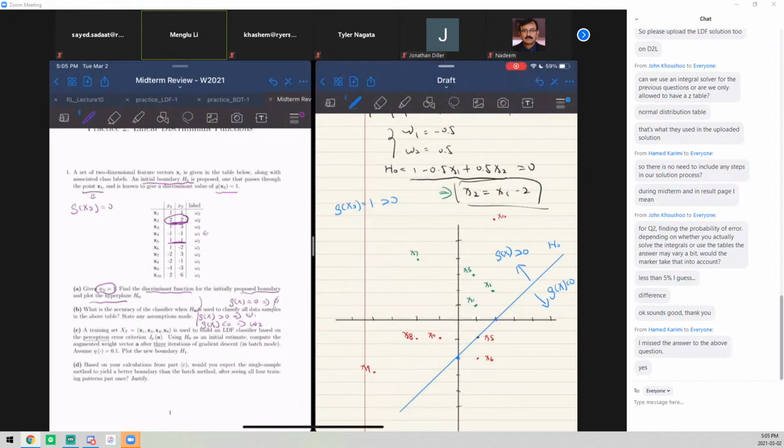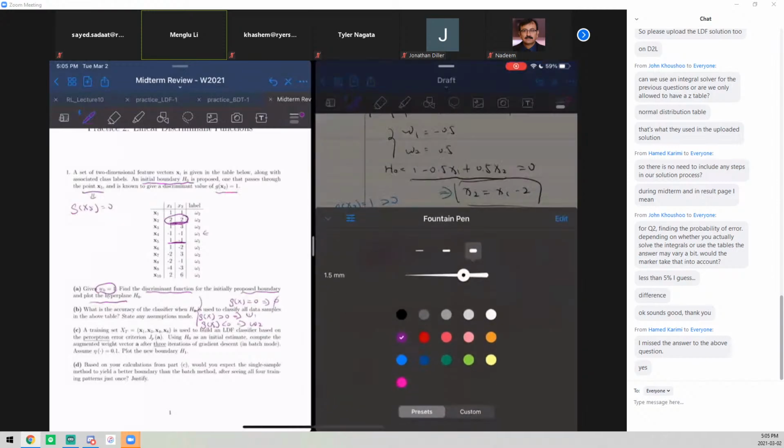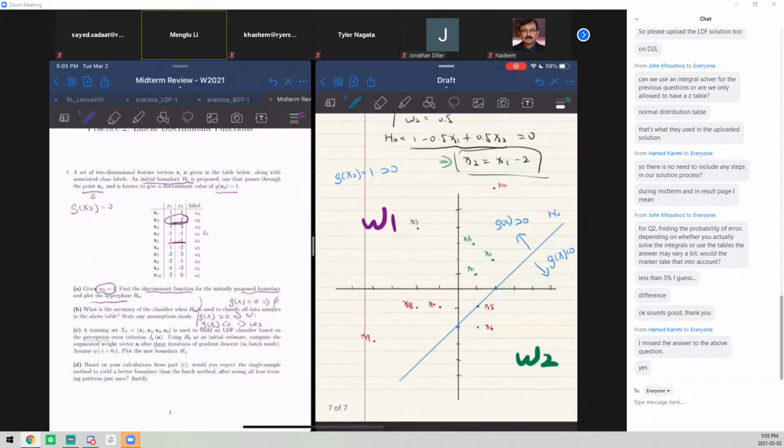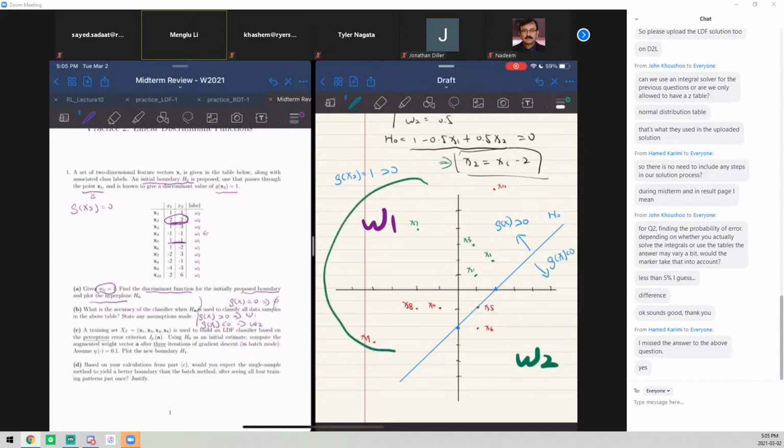Okay, change color. This one should be class 1. And then this area should be class 2. So if I want to find the accuracy, I just find which color is correct. In the class 1 area, all points should be red, and in this area, all points should be green.